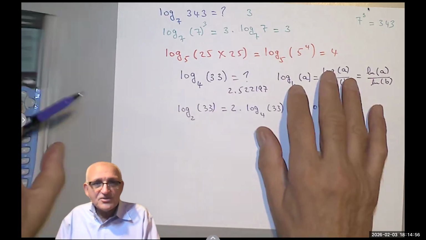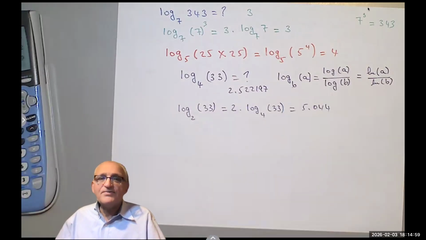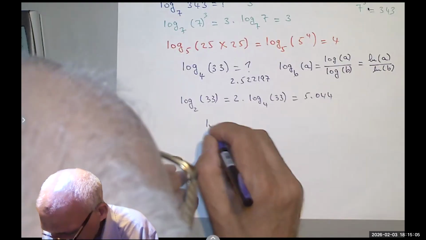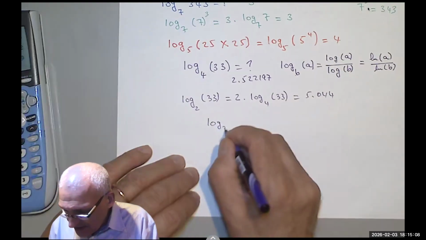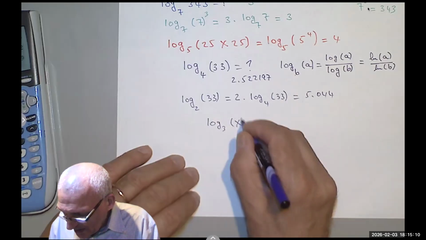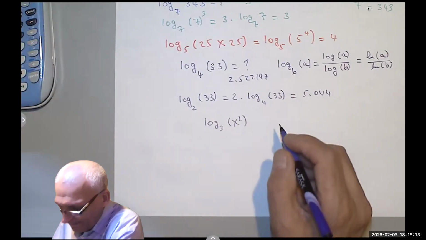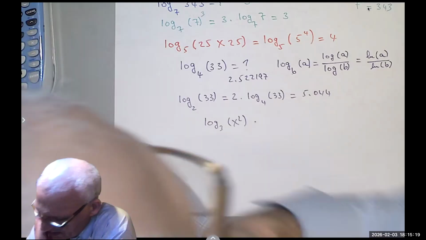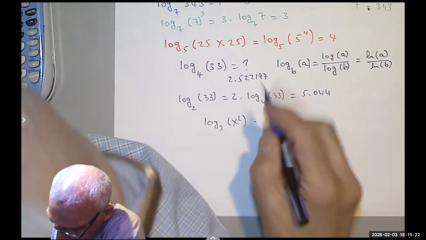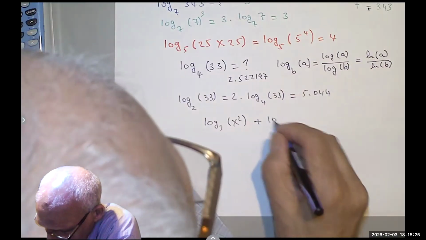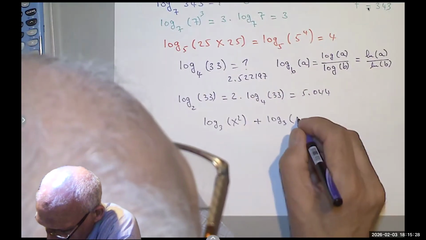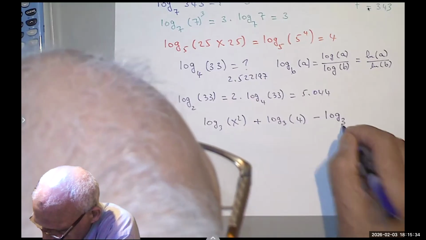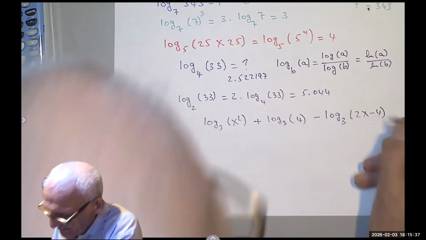So log problems, you will see, for example, they tell you to simplify, and I should have prepared something for you. So let's say they say log to the base 3 of x squared plus log to the base 3 of 4 minus log to the base 3 of 2x minus 4, whatever.